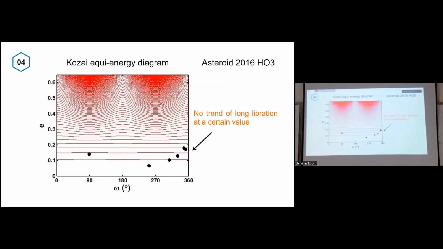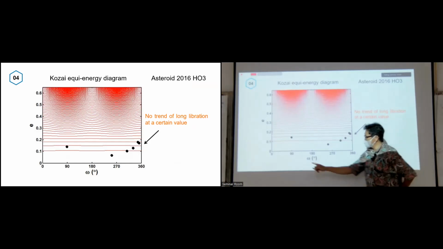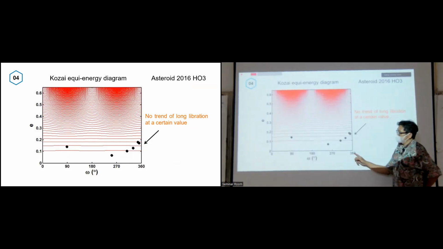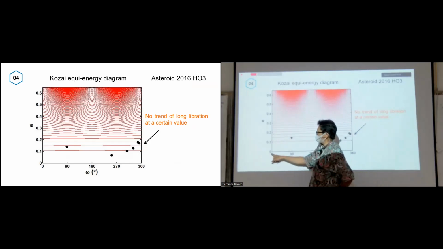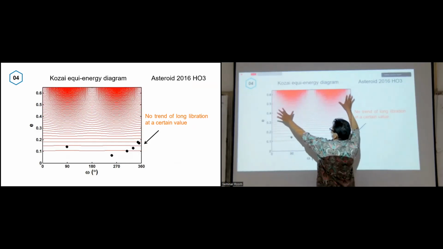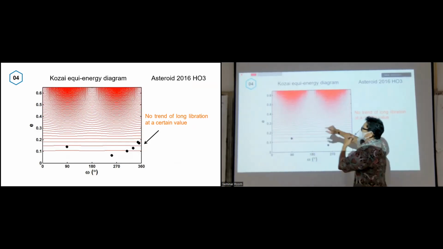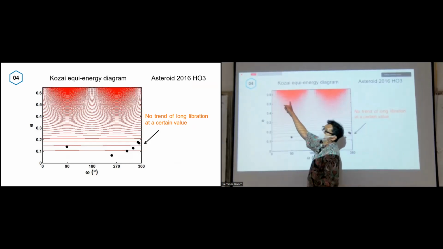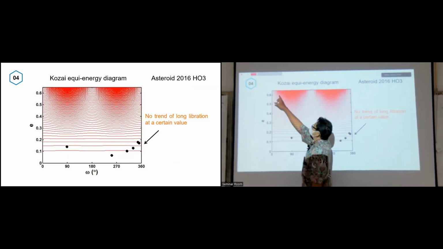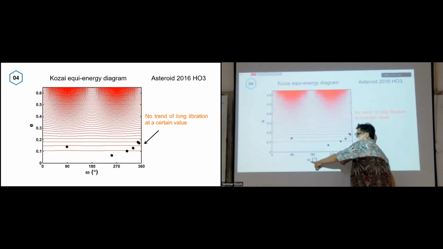How about the energy? If we plot eccentricity versus argument of pericenter from 0 to 360 degrees, with eccentricity from circular to 0.6, we will have a kind of topography. If the object falls into this region, it can only have a very limited value of argument of pericenter.